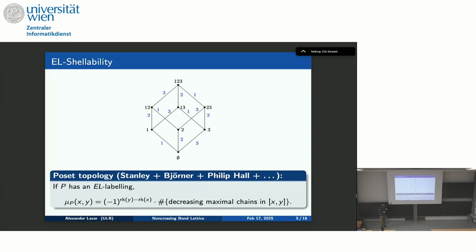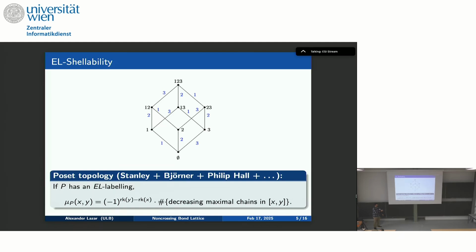So all of the topology that I'm sweeping under the rug here is by various results of people like Stanley and Bjorner and Philip Hall, and there's a whole very, very beautiful subject here that I wish I had more time to talk about. I love poset topology. But the upshot of all of this is that if you have an EL labeling, you can compute the Mobius function.